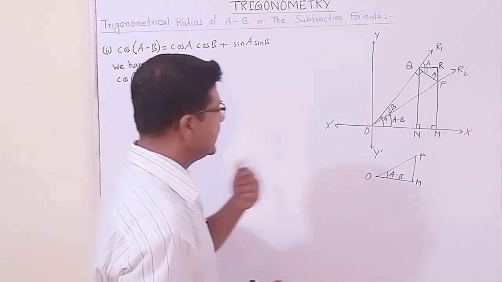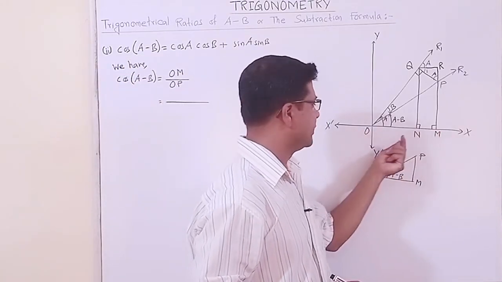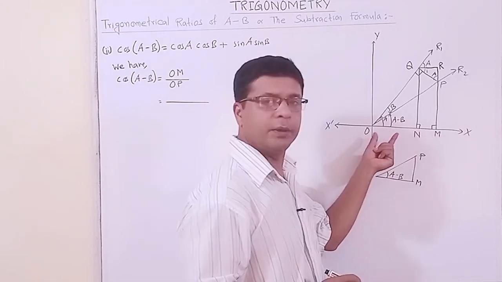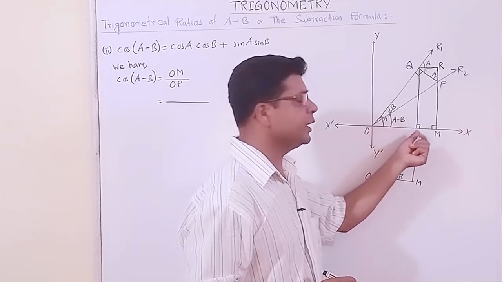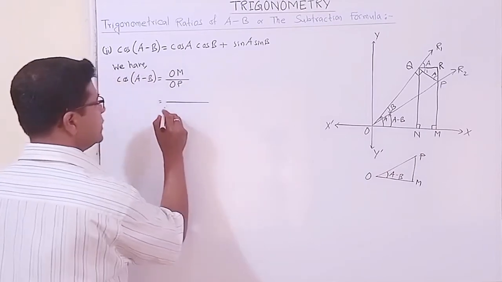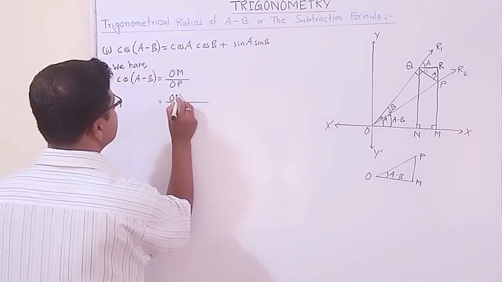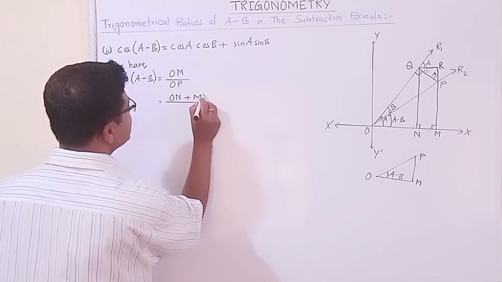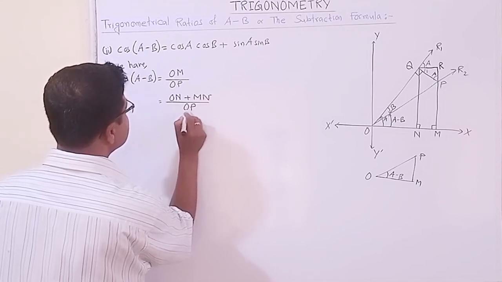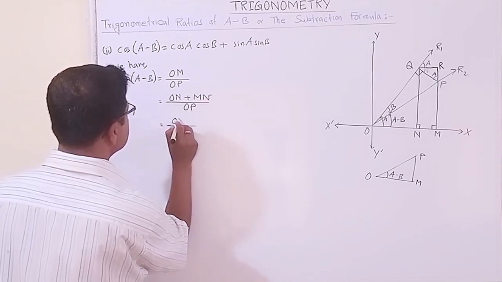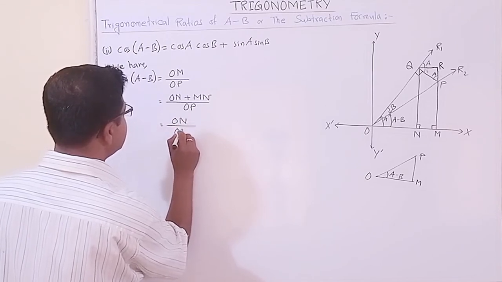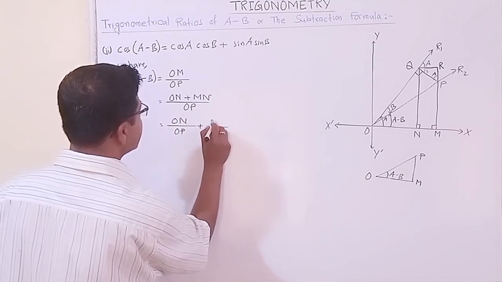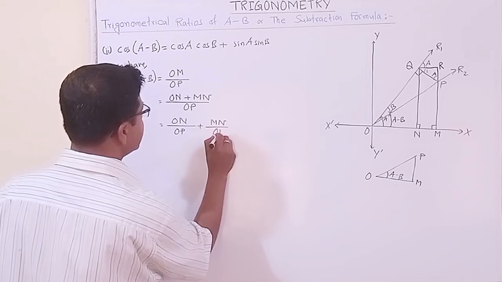Now, here you see what is OM in the main figure. OM, we can say it is the sum of ON and MN. So this is ON plus MN, or NM also you can write, your wish. Let us separate them: ON by OP plus MN by OP.